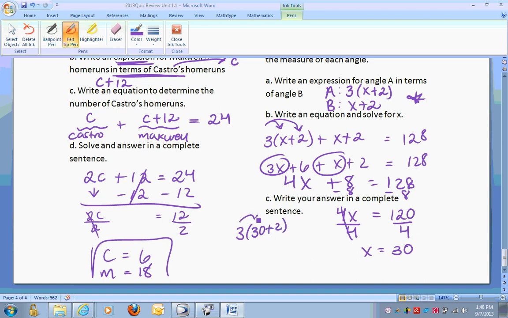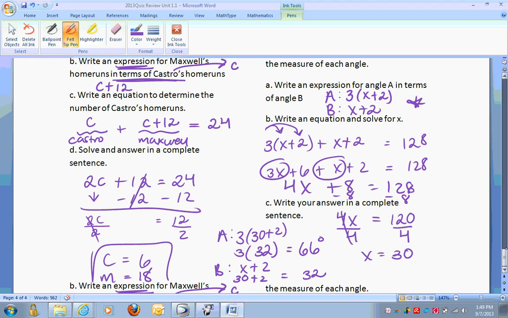Then I combine inside the parentheses. So this is angle A, 3 times 32, which is 66. So angle A is 66 degrees, and angle B is x plus 2, which is 30 plus 2, which is 32 degrees.